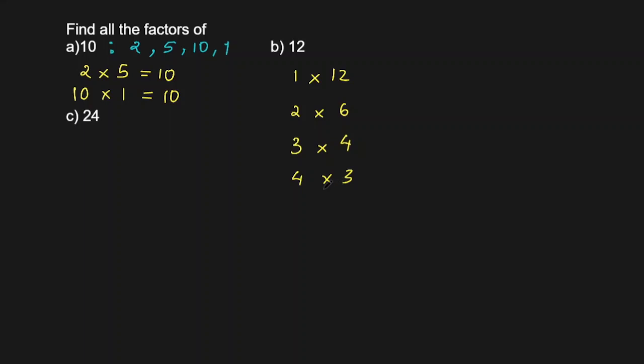Then 5, no, 12 doesn't go with 5. Then 6, okay, 6 times 2 gives a 12, and the next number is 7, no. 8, no. 12 doesn't go with 8, 9, 10, or 11, and the last number which we get is 12. 12 times 1. So all the factors of 12 are 1, 2, 3, 4, 6, and 12.